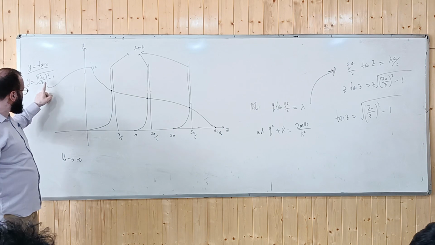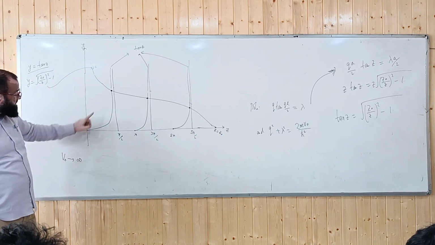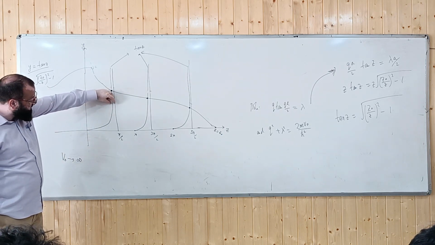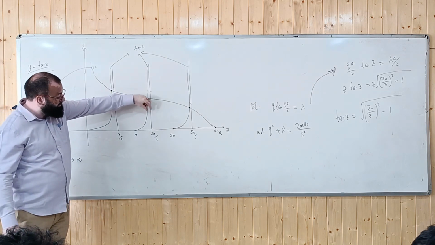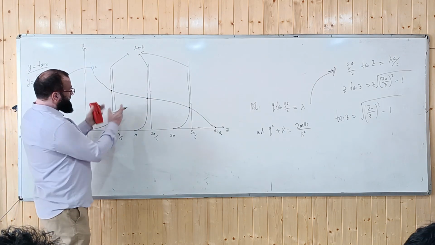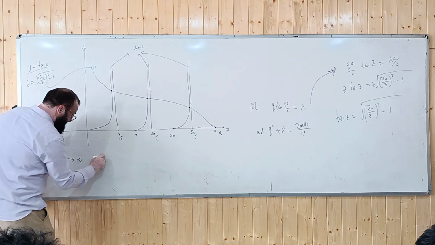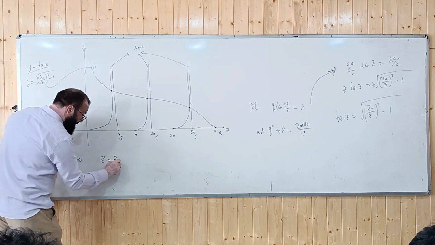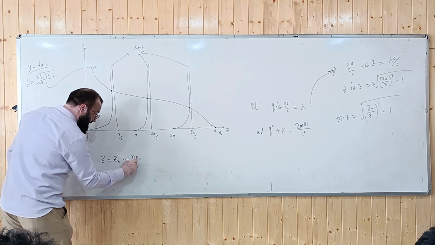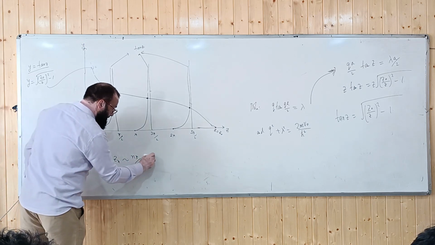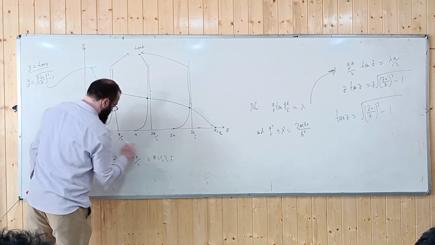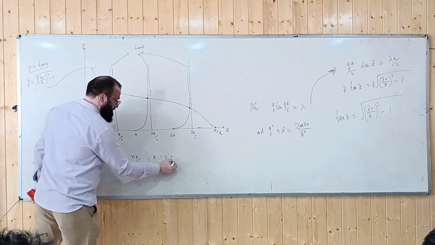And where will they meet? If you see, when z naught tends to infinity, or in other words v naught tends to infinity, these points are actually very close to pi by 2, 3 pi by 2 and 5 pi by 2, because these will be very near to the axis. So in this case, z equal to zn will be approximately equal to n pi by 2, where n is odd. n is 1, 3, 5, because it has to be pi by 2.